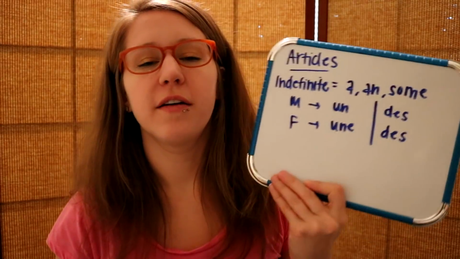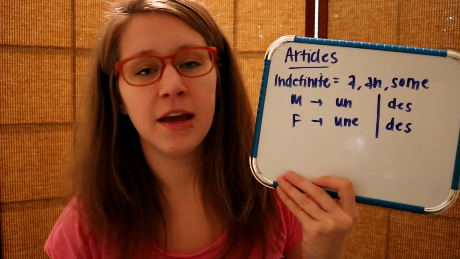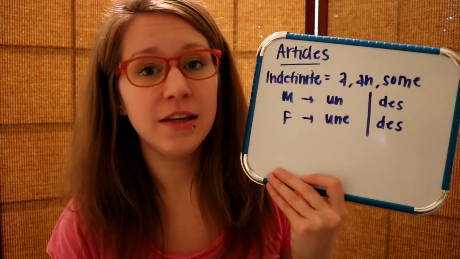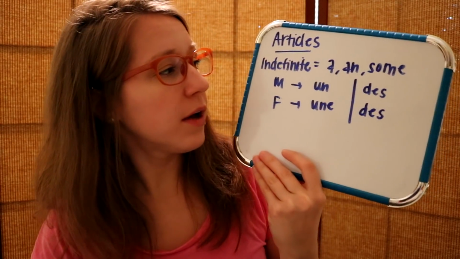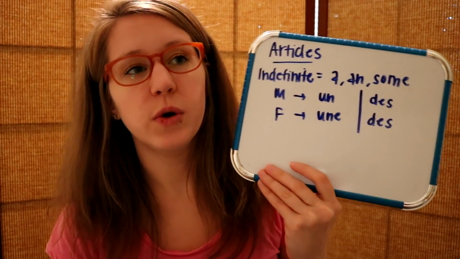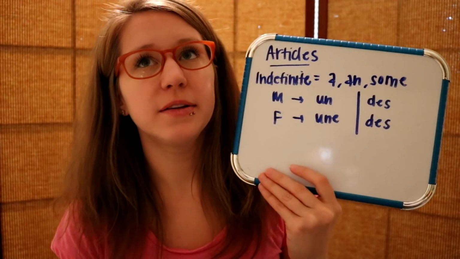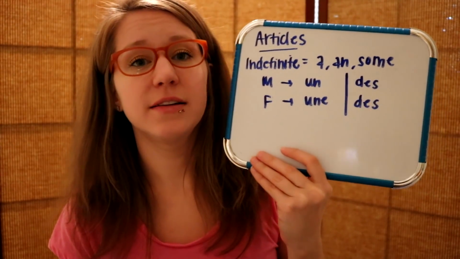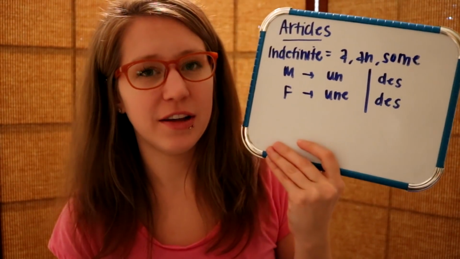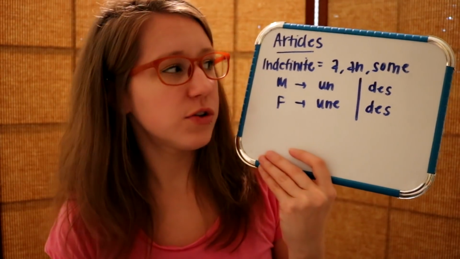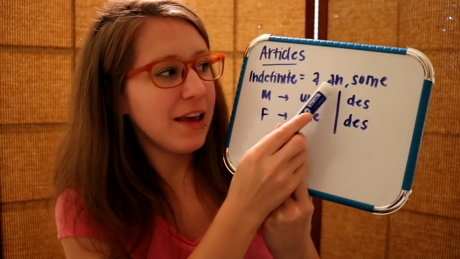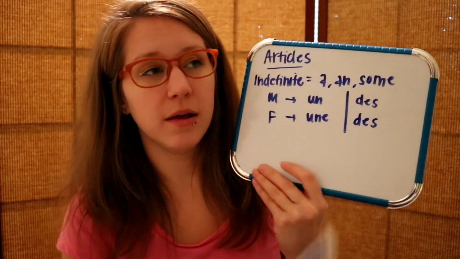So, you may remember that with articles we have the indefinite and the definite. Défini, indéfini. Okay, the indefinite is when we're talking about something, but it's not specific. It's indefinite, not specific. So we could have a, an, or some.